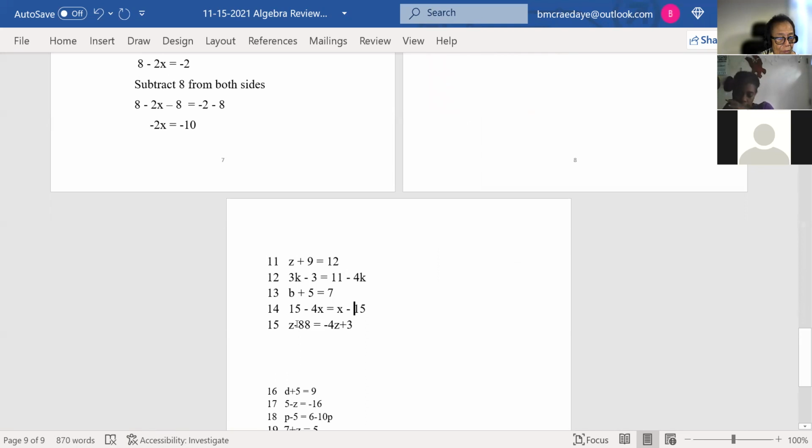Okay. 11, it's a minus, okay? So 11, you're looking for Z. 12, you're looking for K. 13, you're looking for B as the variable. 14, you're looking for X as the variable.